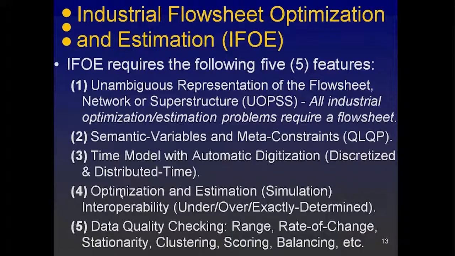The first time I ever got exposed to this was when I worked at Shell using Opera, which Jeff Renfro was one of the inventors of, who's on the call. Basically, you could solve a data rec problem first, and then you take the solution of that, and then you solve the economic optimization problem. This is essentially how RTO works. So the idea of optimization and estimation interoperability is absolutely not new.